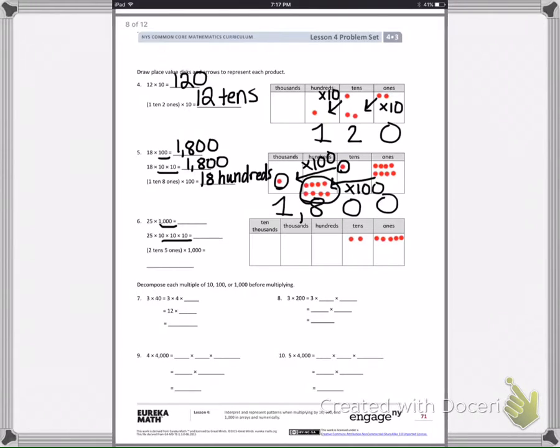I can take my 2 tens and multiply by 1,000. That will give us 2 ten thousands. Do the same thing with your ones. Multiply by 1,000. Times 10 times 10 times 10 brings us to the thousands. That gives us 5 thousands.